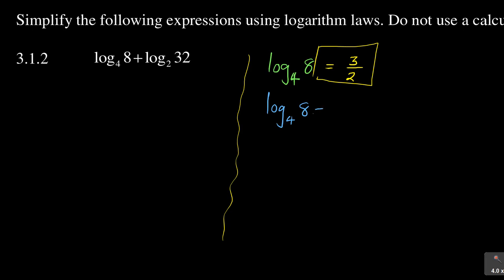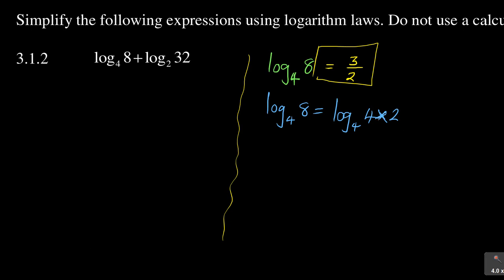Now you remember that 8 is the same as 4 times 2. So to get 8, we must write it as 4 times 2 or 2 times 4, whatever the case. This is one simpler way you can write 8. So 4 times 2 is equal to 8.